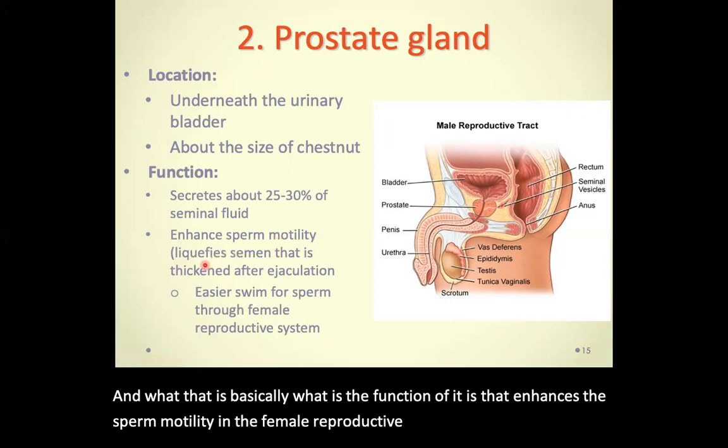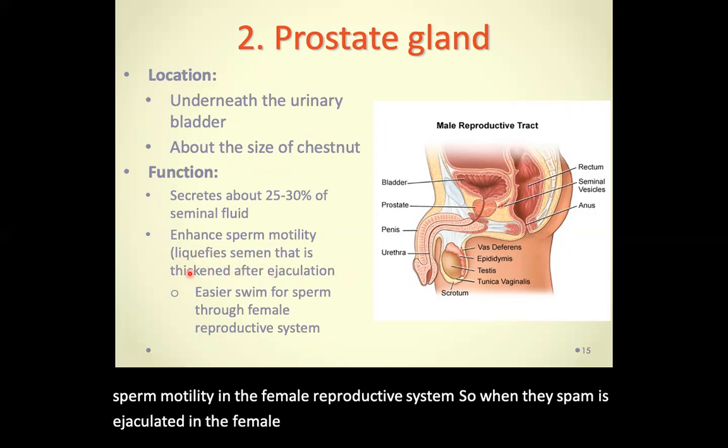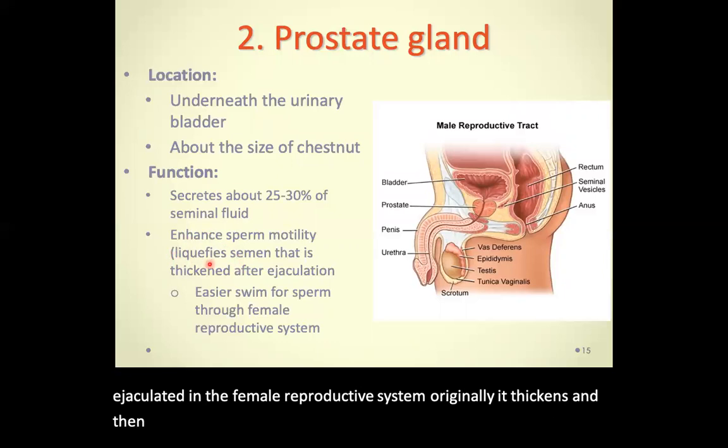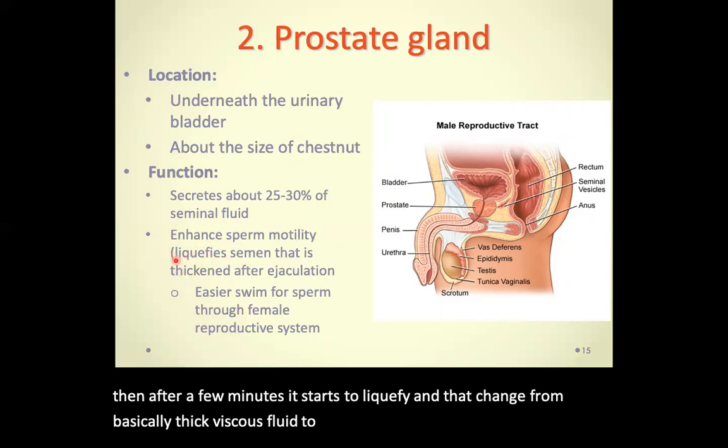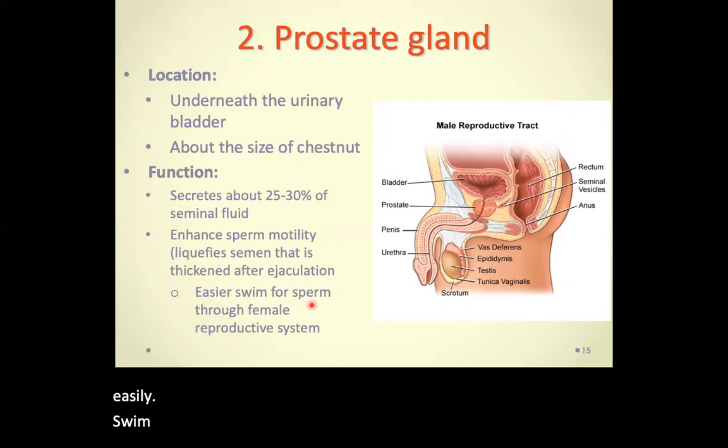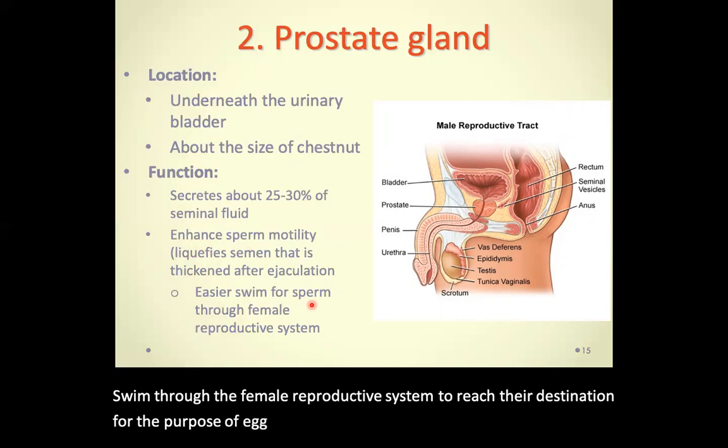When the sperm is ejaculated into the female reproductive system, the semen originally thickens, and then after a few minutes, it starts to liquefy. That change from a thick viscous fluid to a more liquid semen allows the sperm to easily swim through the female reproductive system to reach their destination for the purpose of egg fertilization.